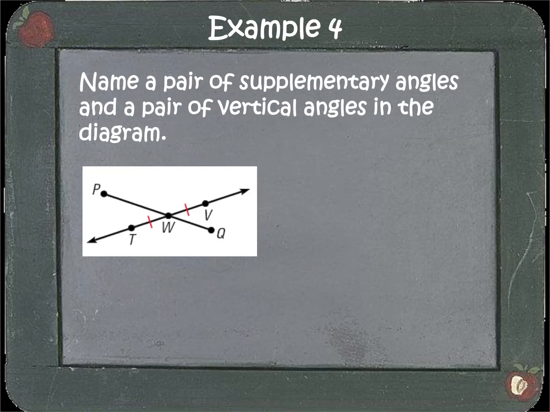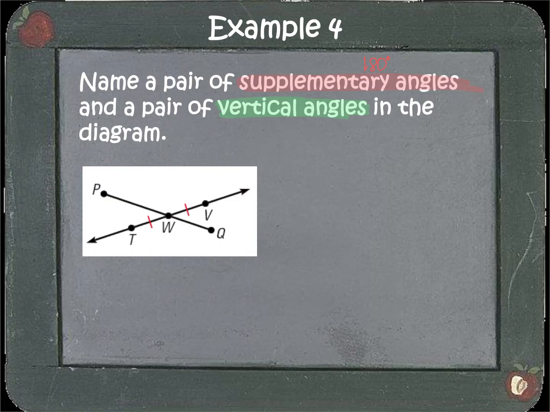All right, last example, example number 4 says name a pair of supplementary angles and a pair of vertical angles in the diagram. So looking at this, again, vocabulary, we should be studying this, we should know it. Supplementary angles are angles that equal 180. I'm adding two angles together to equal 180 degrees. And vertical angles are like your opposite angles.